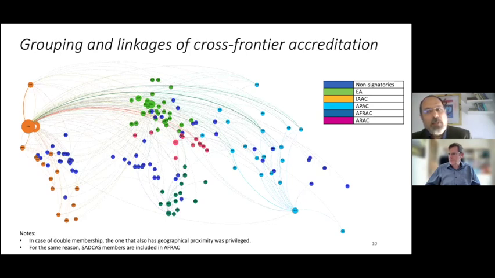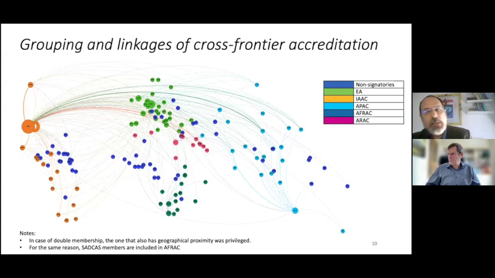with countries that are close, or when countries belong to the same accreditation body. So this implies a different way of being close, which is historical, linguistic, or cultural. In the hypothesis, the one that showed more value is the second one.